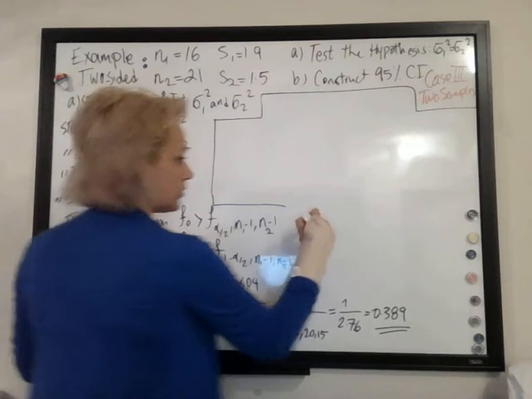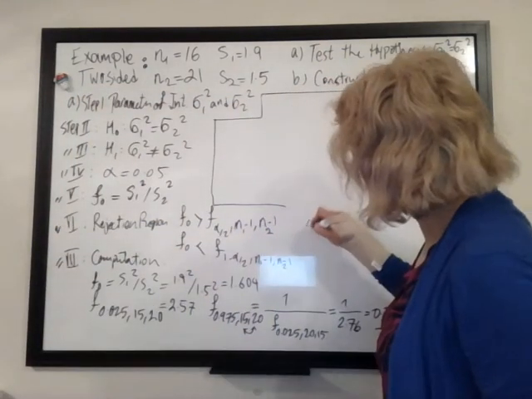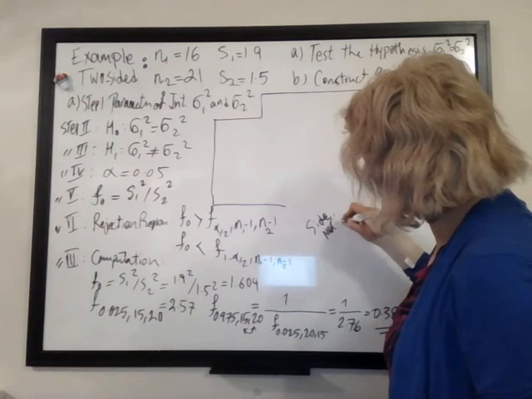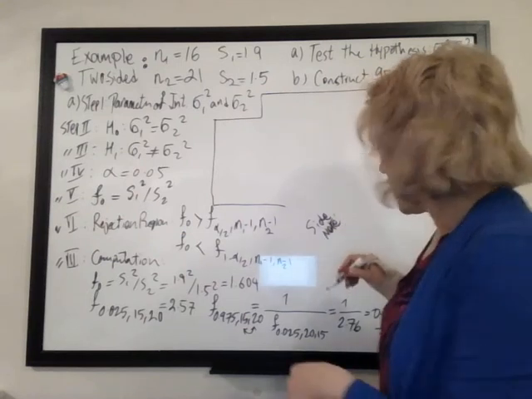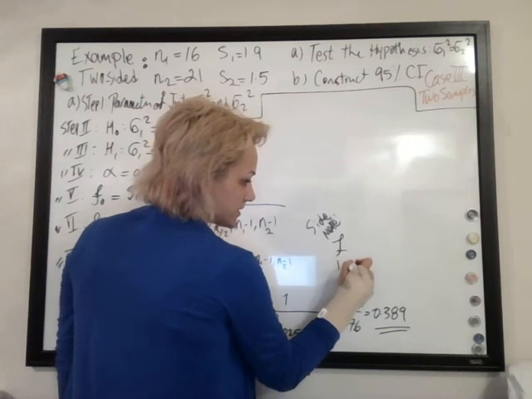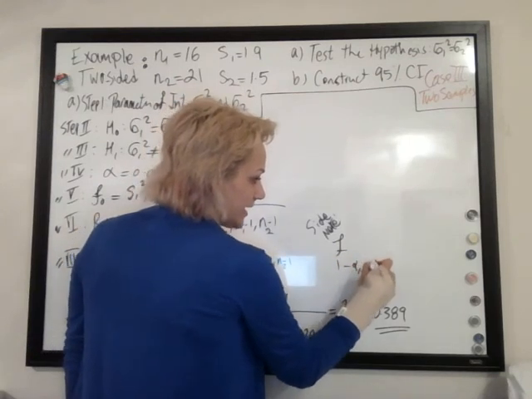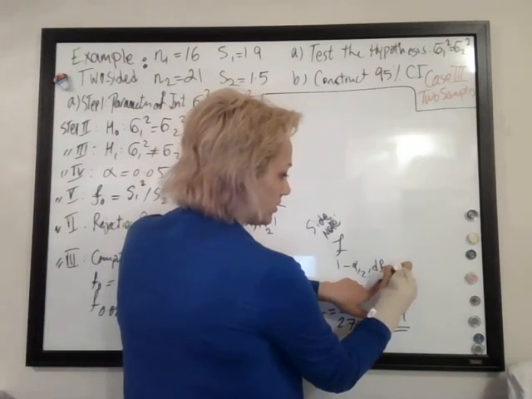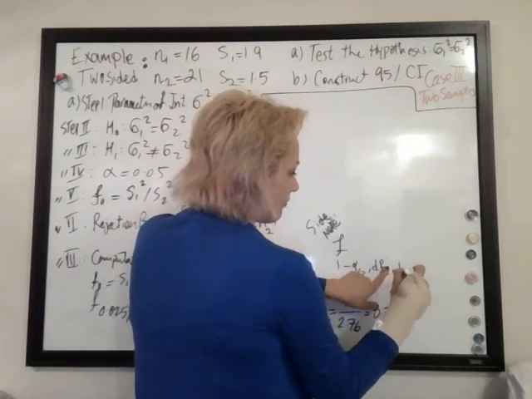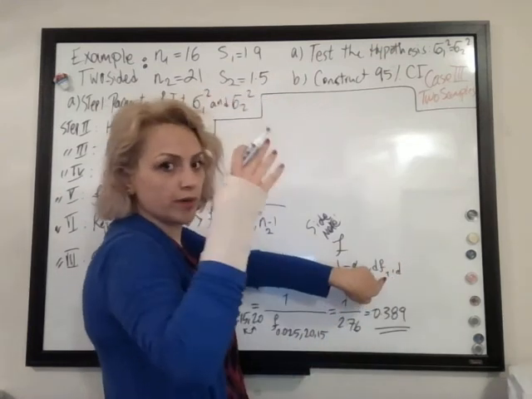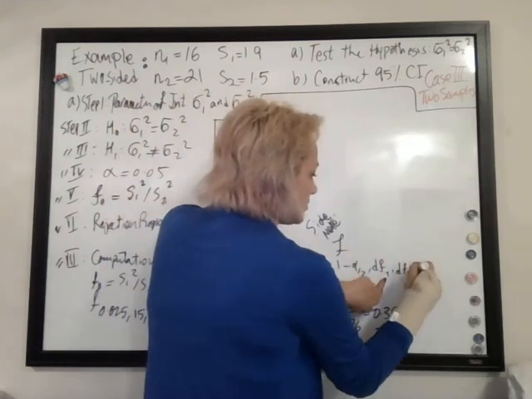So as a side note here, we can write down F at 1 minus half of the alpha, with degrees of freedom df2 and df1, the degrees of freedom of the numerator, and then df2.